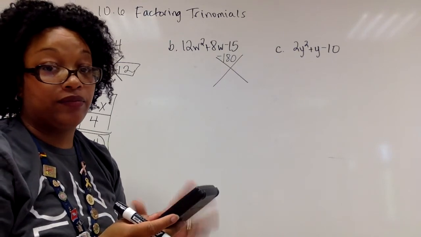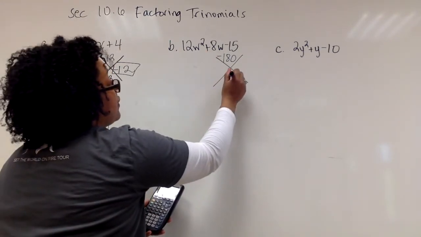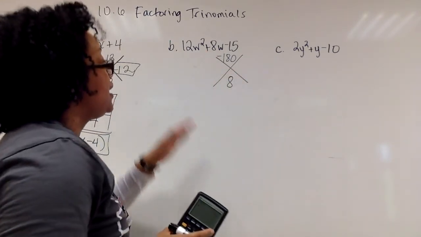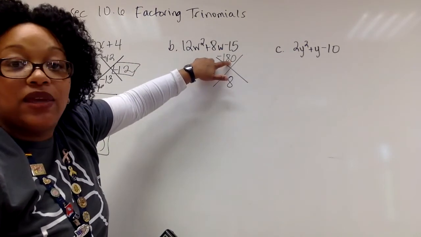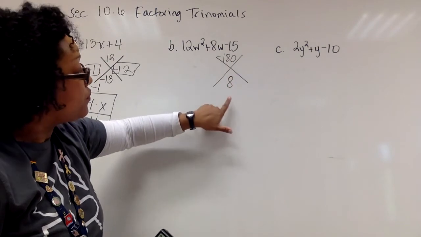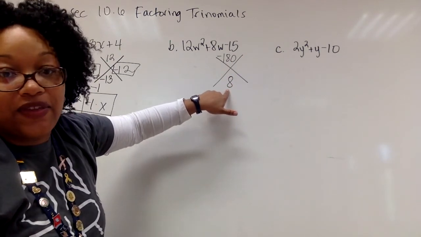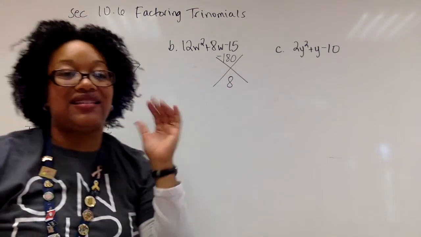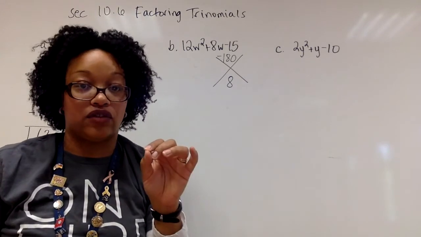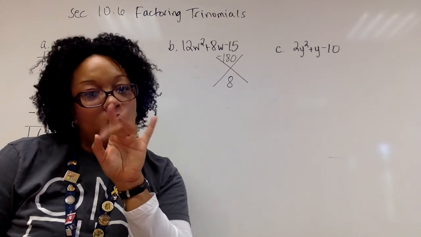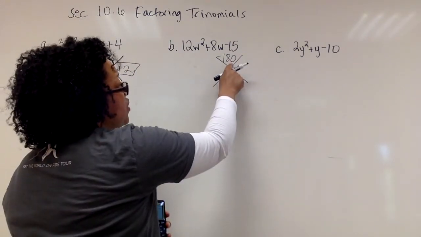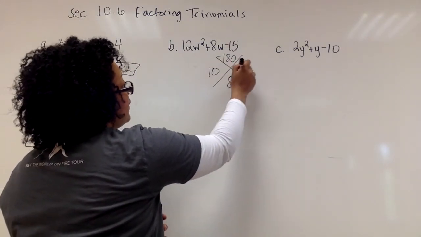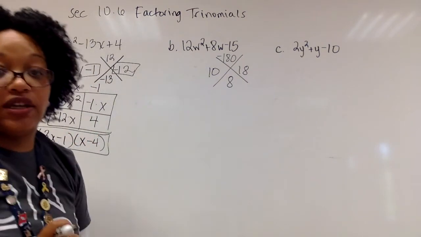Big number. My B is positive 8. So I need to think of numbers that when I multiply them give me the 180, but when I add them, give me the 8. Now, 180's got a lot of factors, but there should be just one pair that comes into play. I know because this is a 0 at the end, 10 times 18 gives me 180.